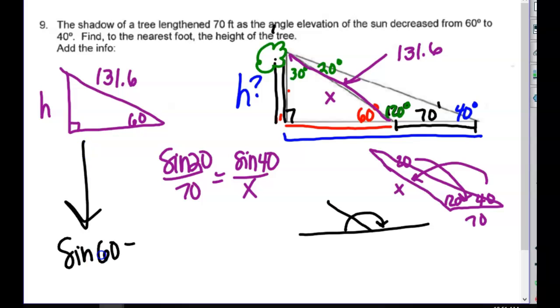The sine of 60 equals opposite over hypotenuse. All right, one way I got it rounded to 113.9 and one was 114, so somewhere in there, depending if you use the whole decimal or part of the decimal.